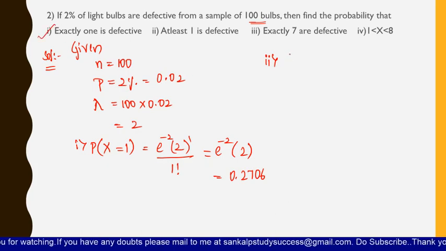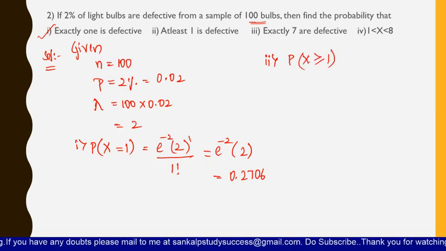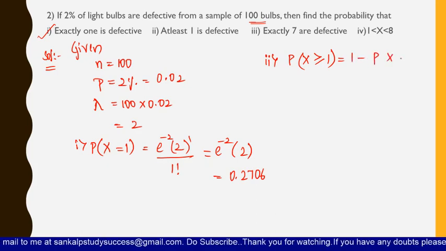Now at least one is defective. That means what? At least one is defective means x is greater than or equal to 1, right? So if x is greater than or equal to 1, you cannot find it directly, because if you add 1 plus 2 plus 3 and so on up to 100, then it is a difficult task. So we are going to just subtract from 1. 1 minus P of x equals 0.